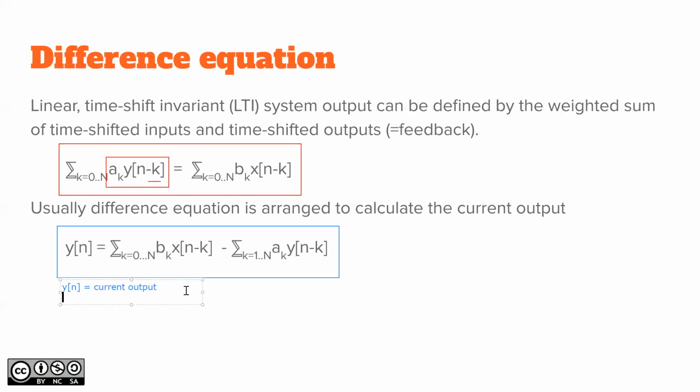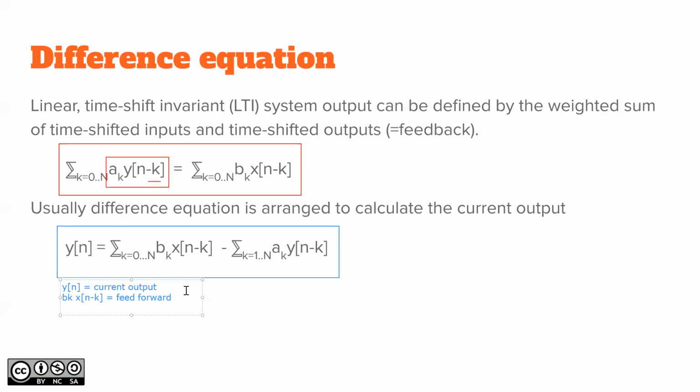Current output, and then basically we have the feed forward term, the first sum, b_k x[n minus k], is the feed forward term.